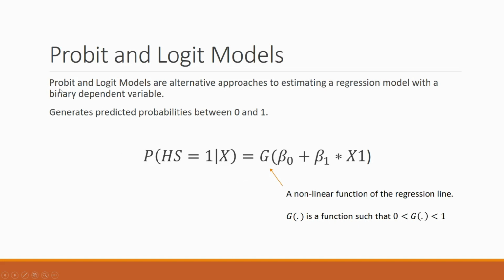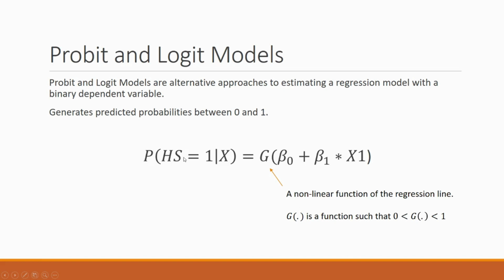Okay, so Probit and Logit models are alternative approaches to estimating a regression with a binary dependent variable. These models generate predicted probabilities between 0 and 1. That is a major advantage of these models. If we're estimating a model where we want to generate predicted probabilities, then we need to go with the Probit and Logit model because they're able to generate probabilities between 0 and 1.